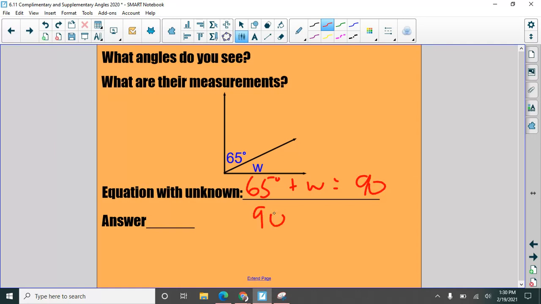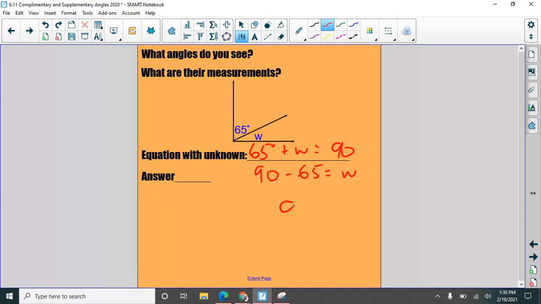Okay, we can write that as subtraction like this. And then if I try to do that sideways, I'm going to say 35, but I'm not because 35 is wrong, which is why it's important to take time to show good effort and to subtract correctly. 25 degrees.